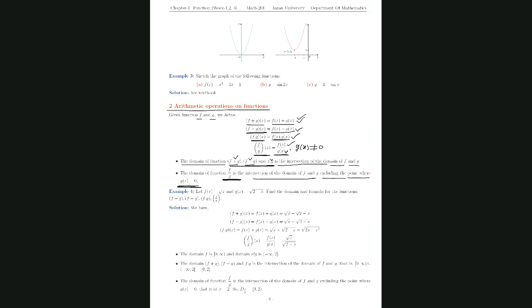Okay. So what is the meaning of the domain of f plus g?